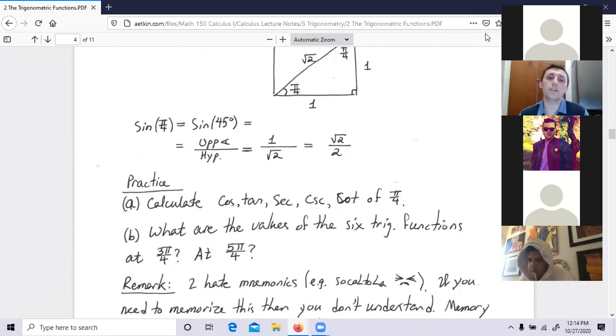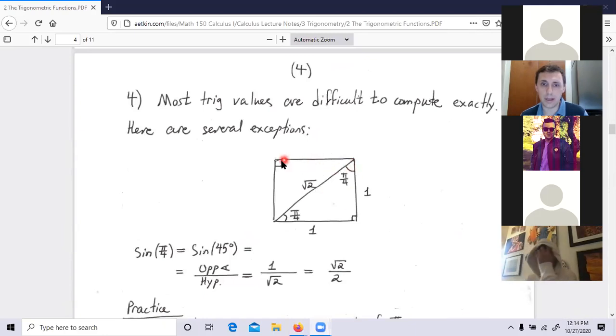Quickly, guys. Secant of 3 pi over 4. Minus square root of 2. Thank you, Christian. Right? So, guys, you understand how simple it is. Look at it. Everybody can construct the square and construct those ratios, right?